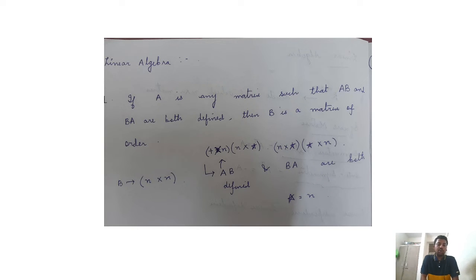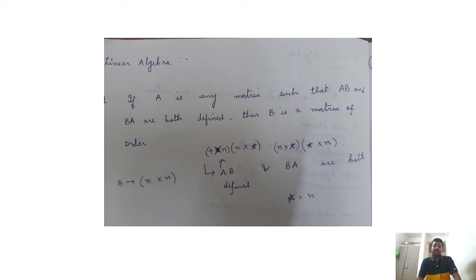As I said, we know that for two matrices to be multiplied together, the number of columns of the first matrix should be equal to the number of rows of the second matrix. So, as AB is defined, let me consider the order of matrix A to be m × n, where m may be any arbitrary variable.